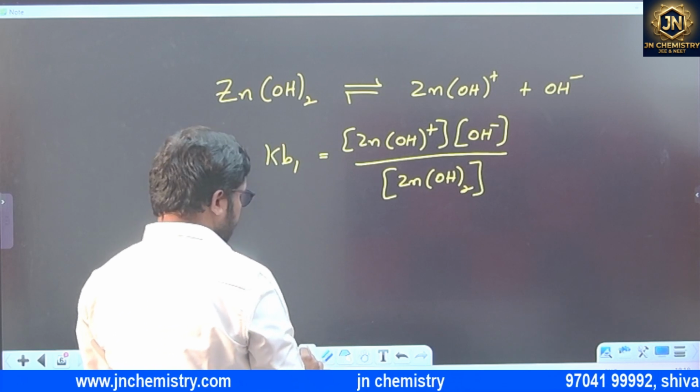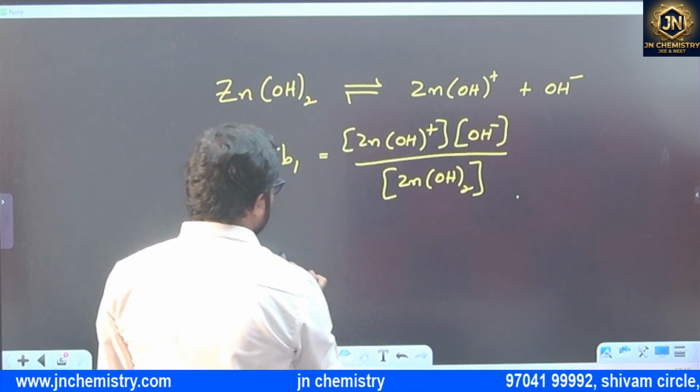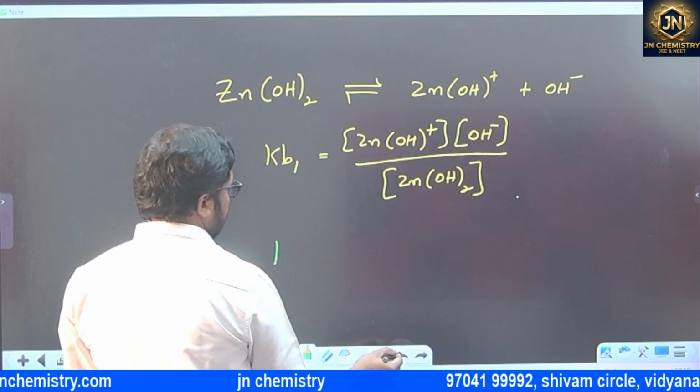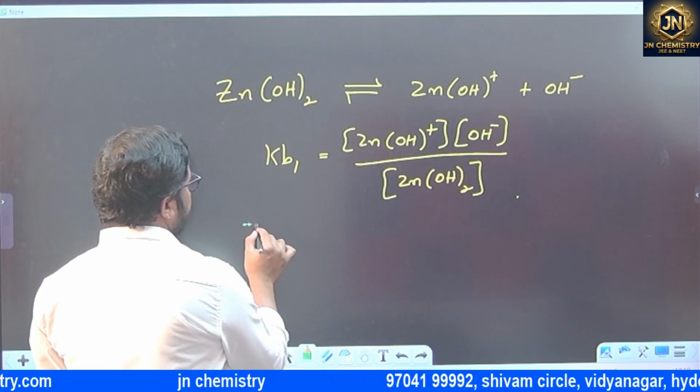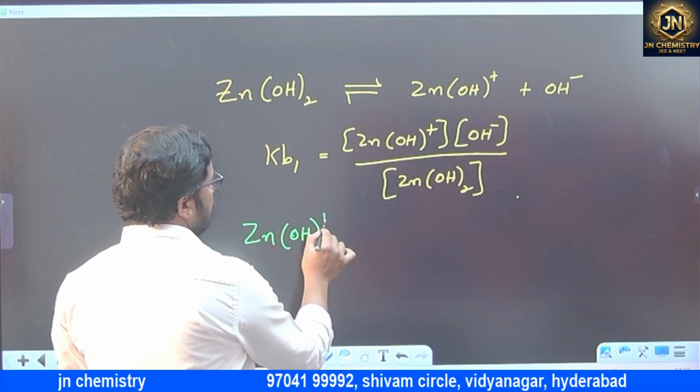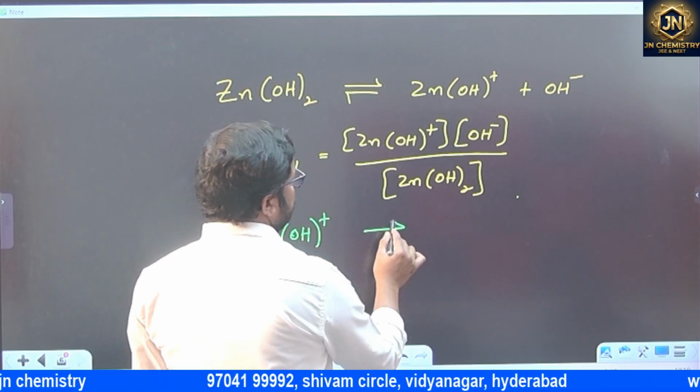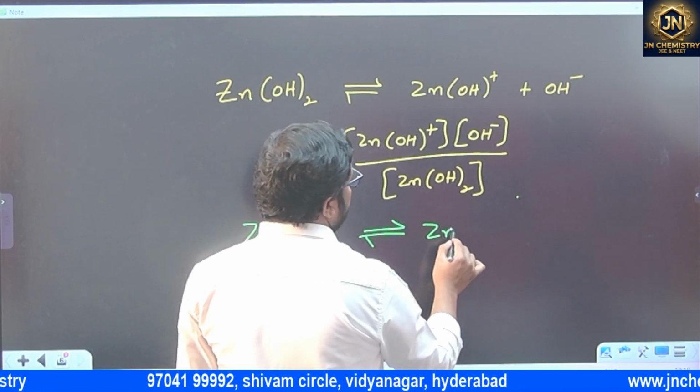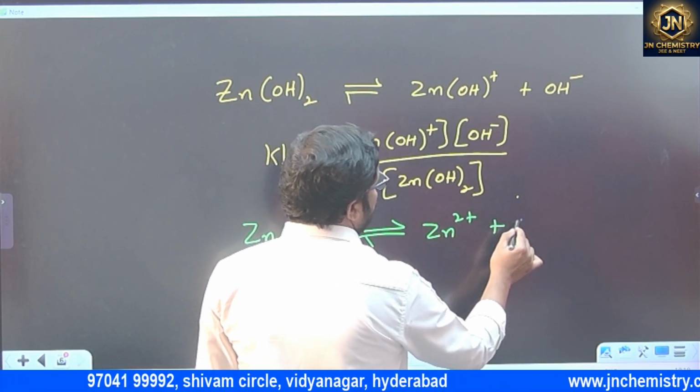This is Kb1. Second case, ZnOH plus gives rise to Zn2 plus and OH minus.